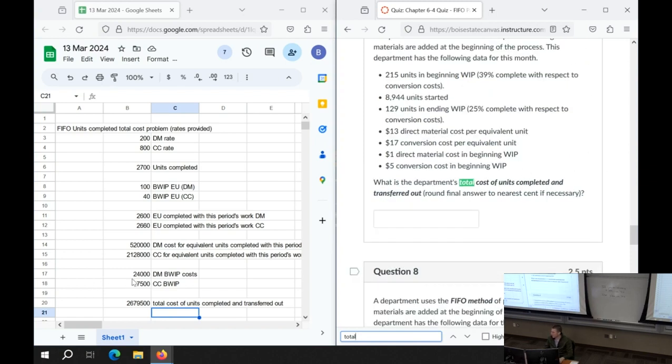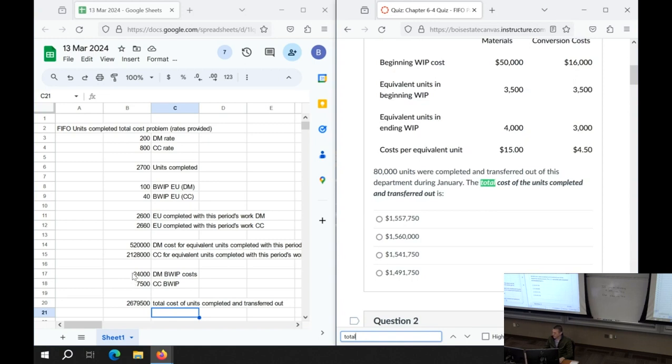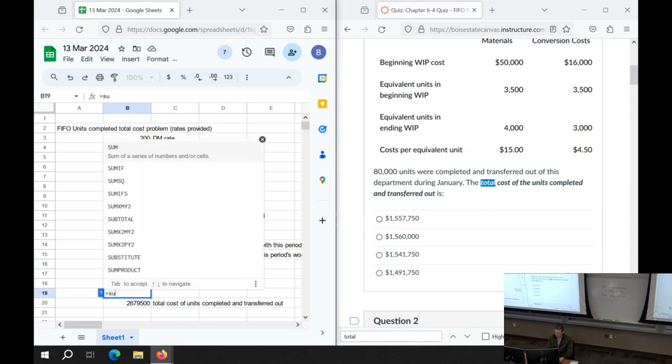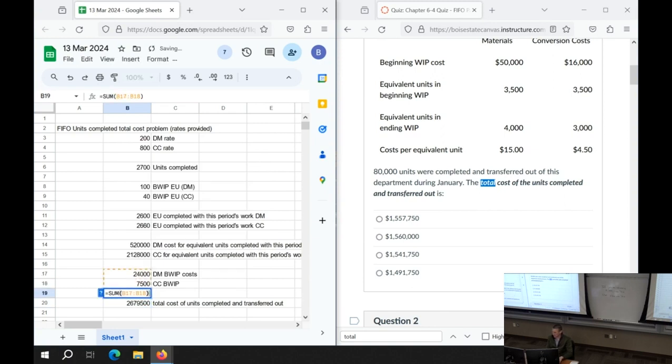So we don't have one that's like that, but it's phrased something like total beginning WIP costs were this amount. I'm just giving you this number right here, that 30. I've just summed those already. So yes, you just add that total number to these two right here. Yep.